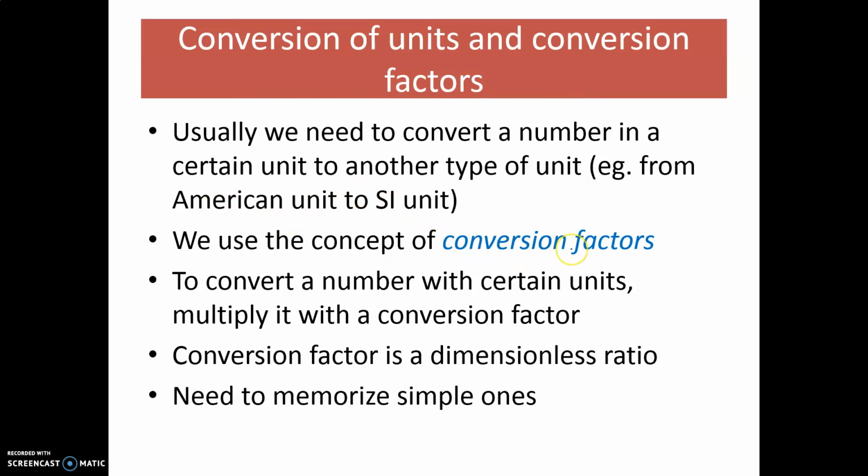This conversion factor is normally already put in a proper table. You just refer to which dimension you want to convert and see what conversion factor you need to consider in order to convert that unit to another.